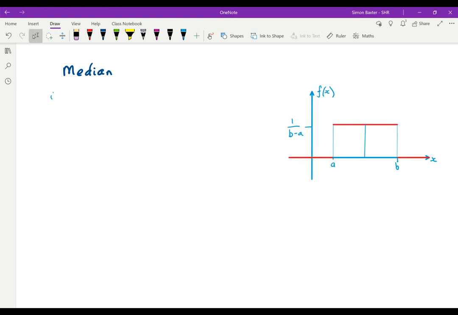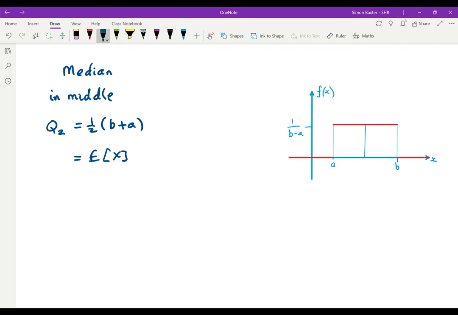I want the other color. And therefore my median, Q2, is going to be a half of B plus A. In this case, it's equal to the expected mean. So that was the median.